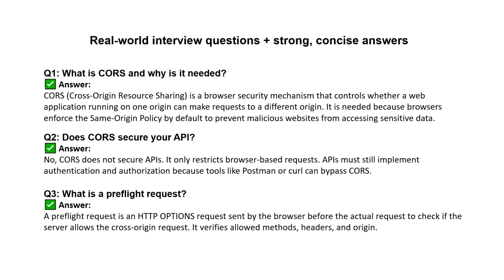As it is browser-based, it only restricts browser-based requests, so we can bypass it through Postman or a curl request. So what is a pre-flight request? A pre-flight request is an HTTP OPTIONS request sent by the browser before the actual request to check if the server allows the cross-origin request. It verifies the allowed methods, headers, and origin.